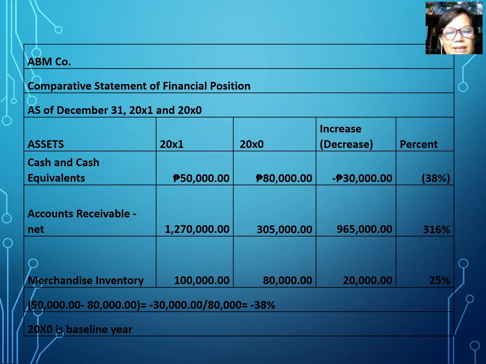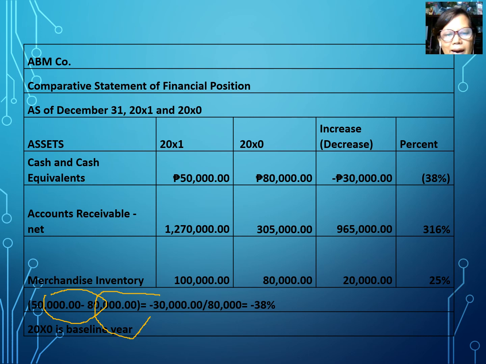For example, we have 50,000 and then you're going to deduct 80,000, which will give you a negative 30,000.